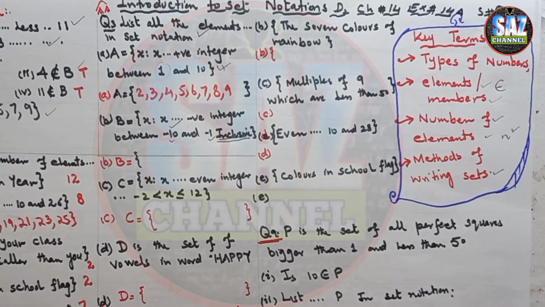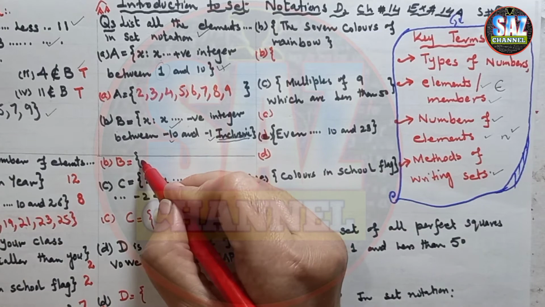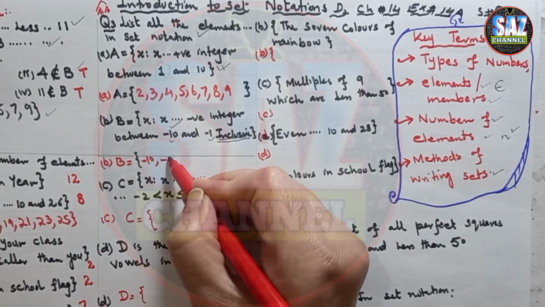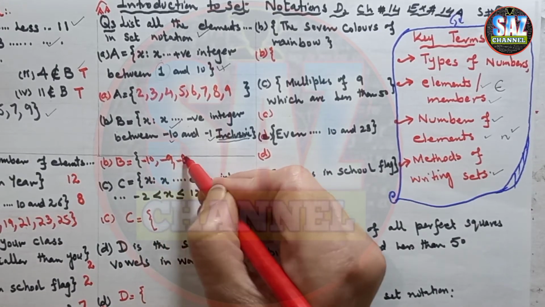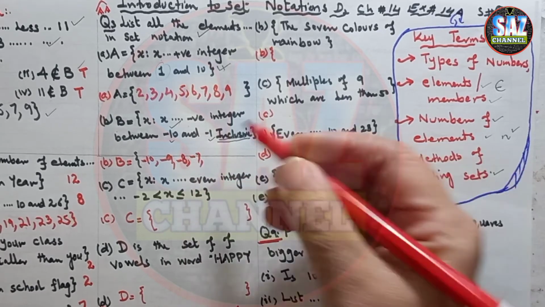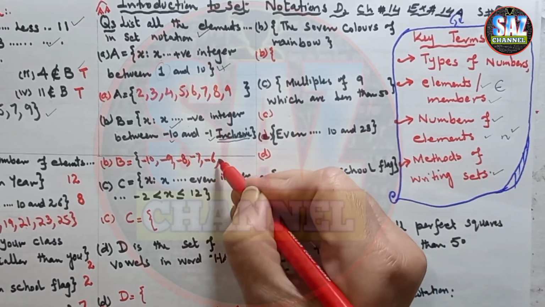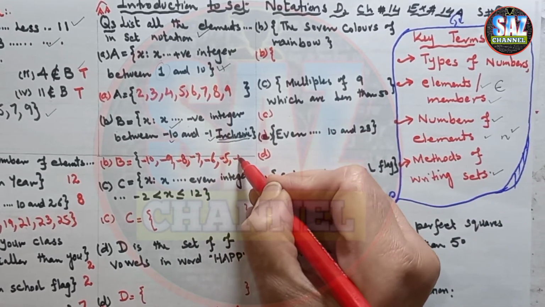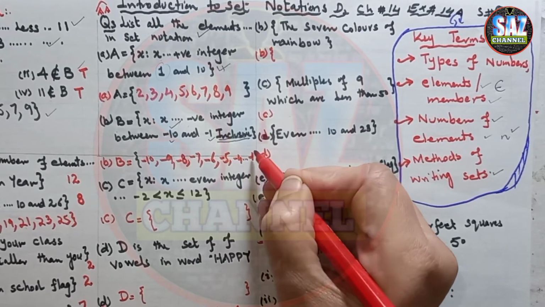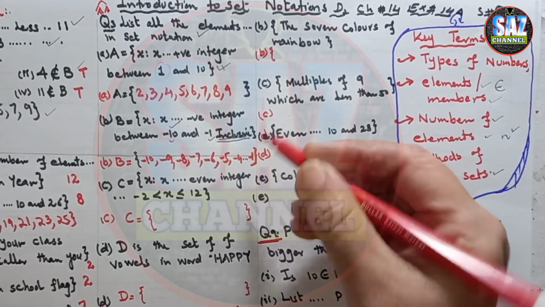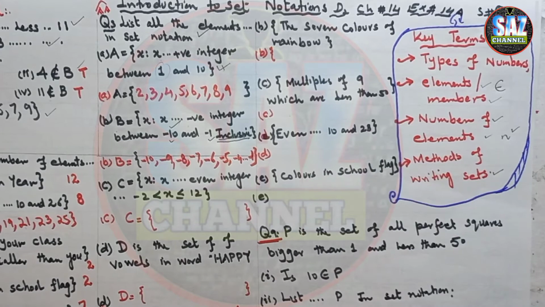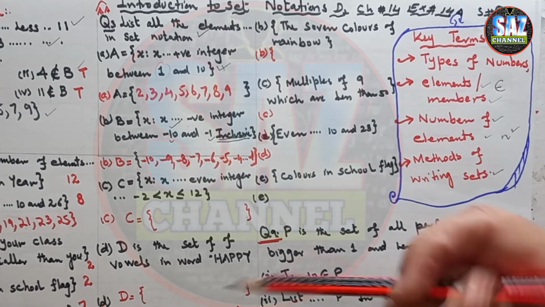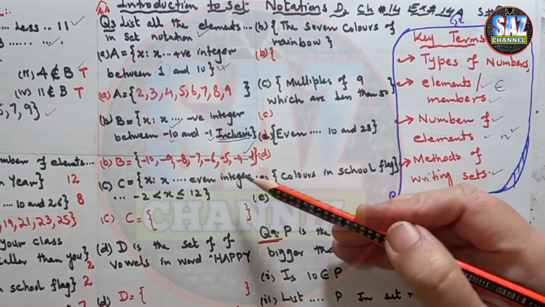Okay, let's write the elements of this set. So -10, -9, -8, -7, -6, -5, -4, so on, and -1. Okay, I hope you are clear about this part, and let's move to the next part of the question.